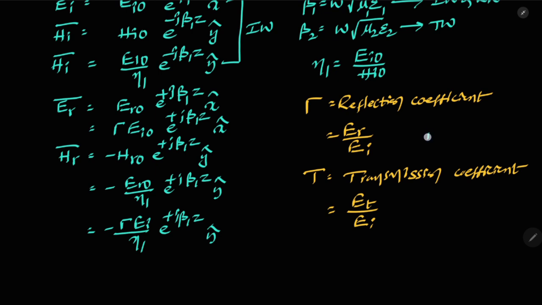From this expression, for the reflected electric field we take gamma into Ei. This can be applicable not only for the incident wave but for the reflected also, and transmitted also, but for transmitted we have to take eta 2.